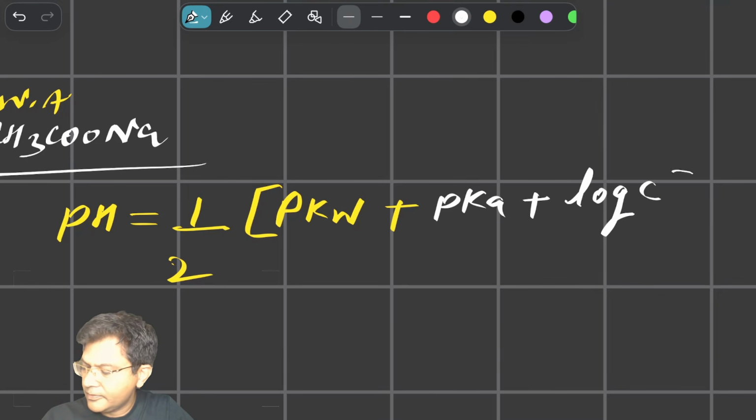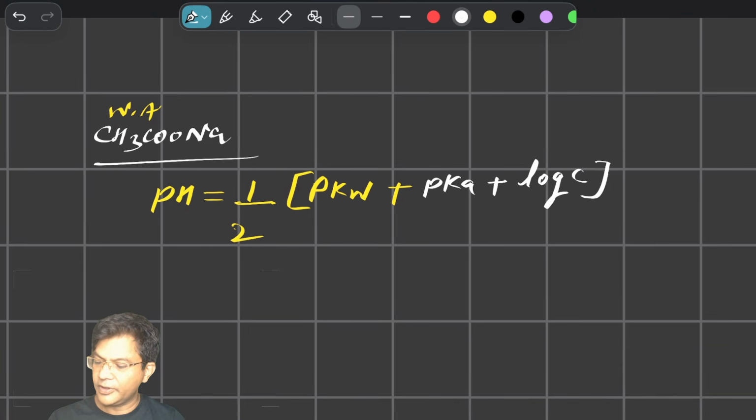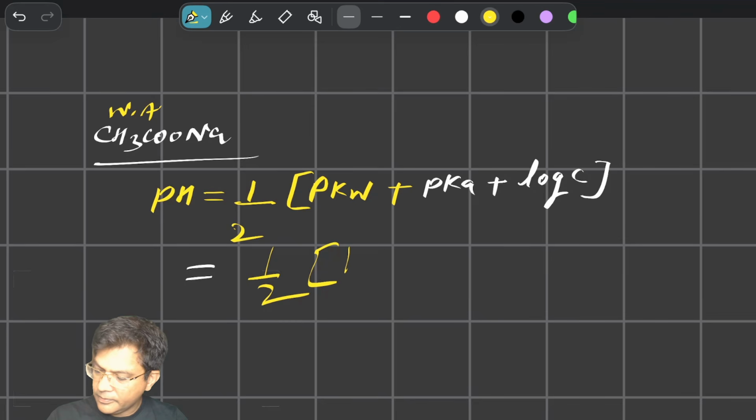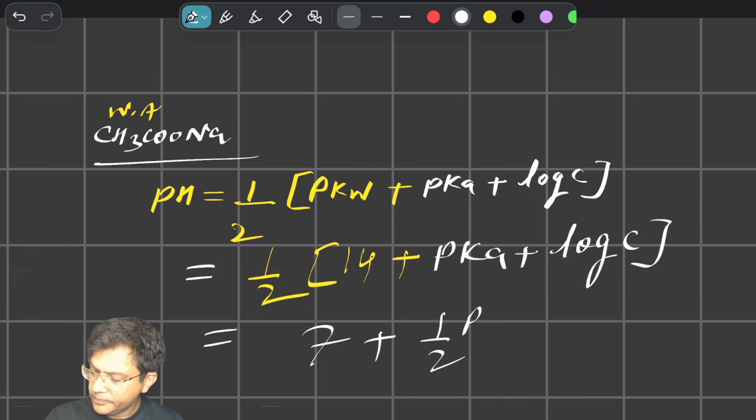That's it. pH is equal to half of pKw plus pKa plus log C, or you can say half of pKw is 14, pKa plus log C. If you open the bracket, half of 14 is 7, 7 plus half of pKa plus half of log C, right?